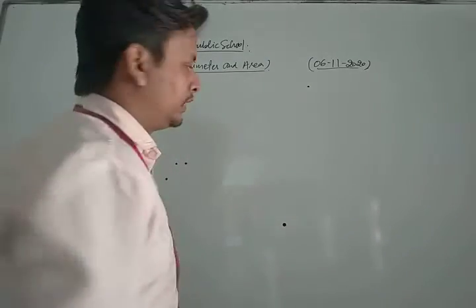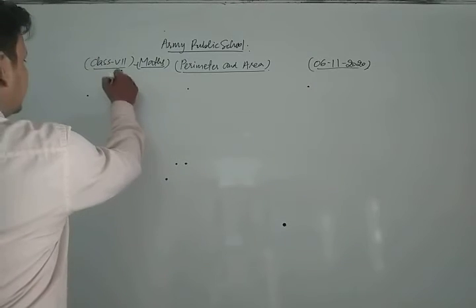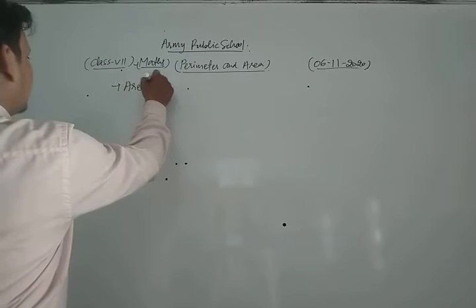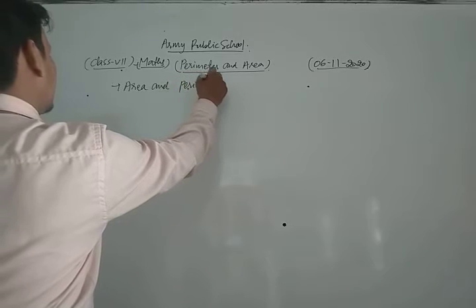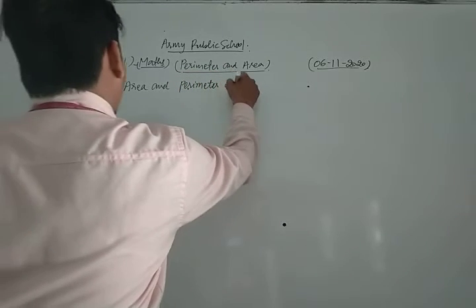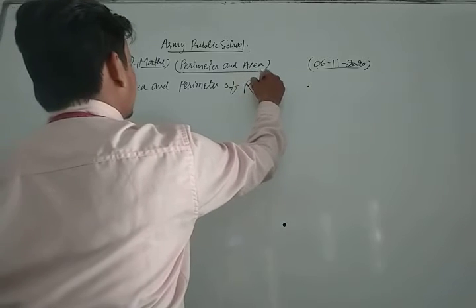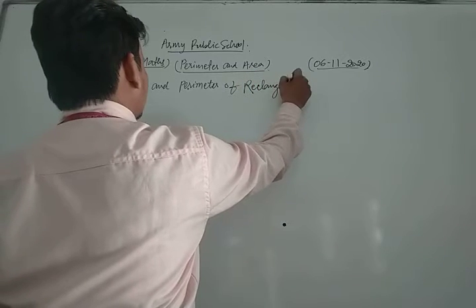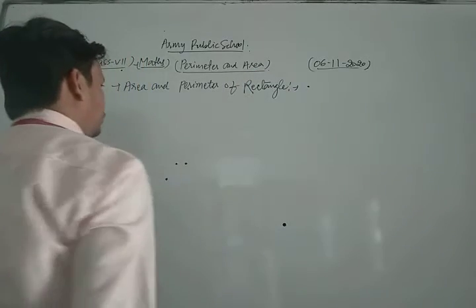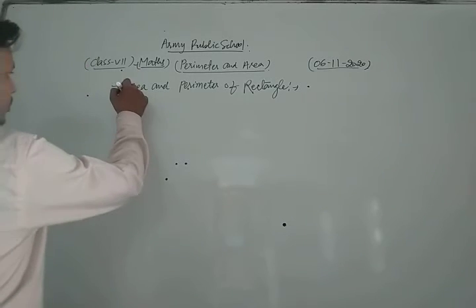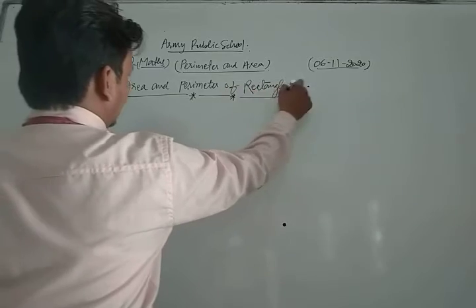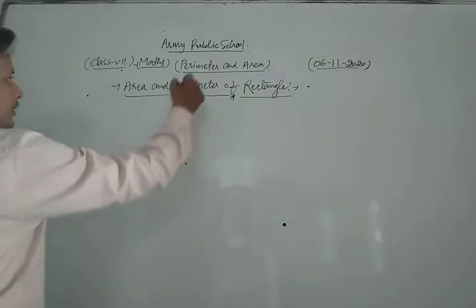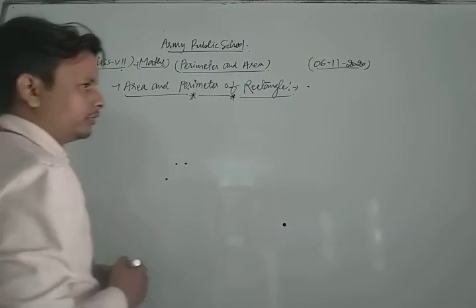Now we discuss the area and perimeter of a rectangle.